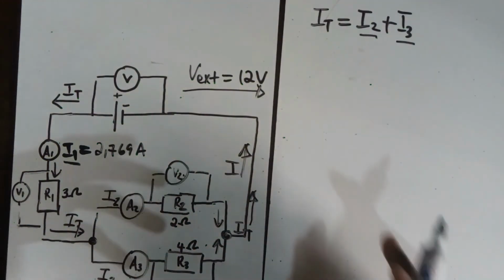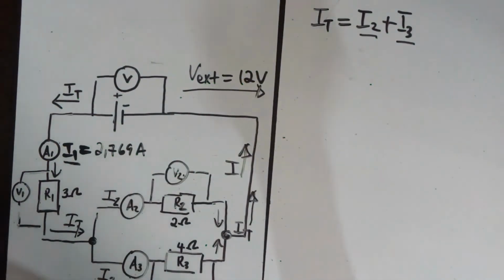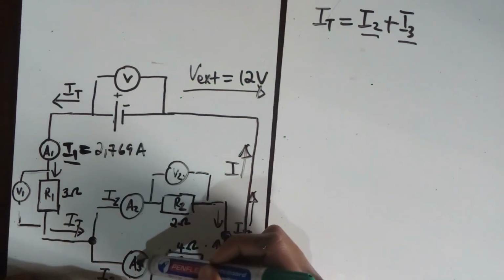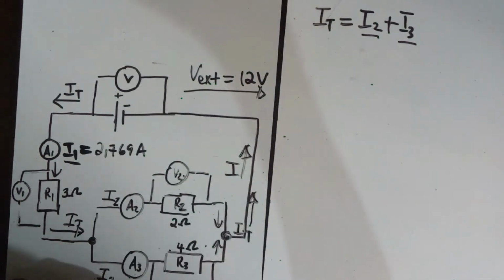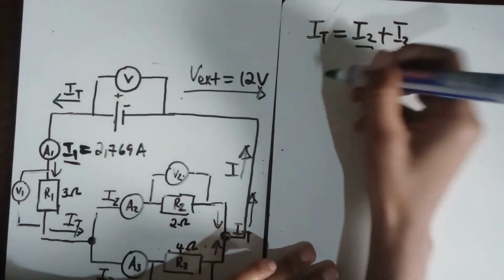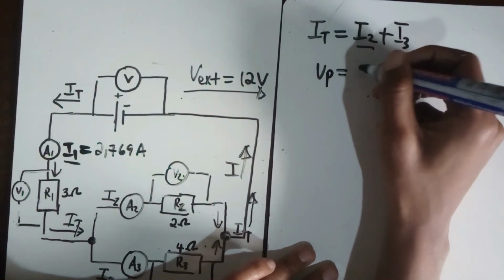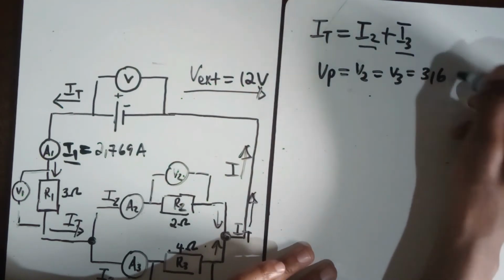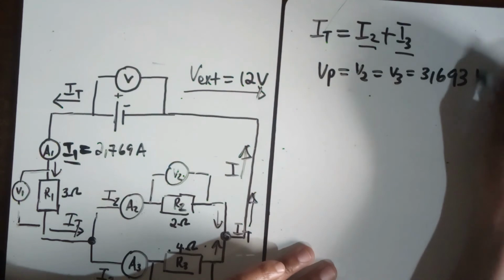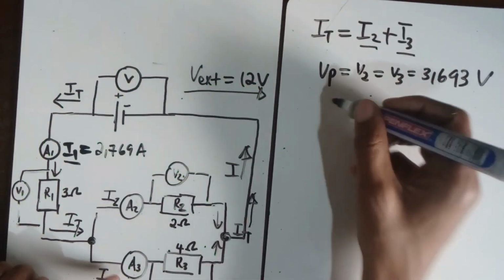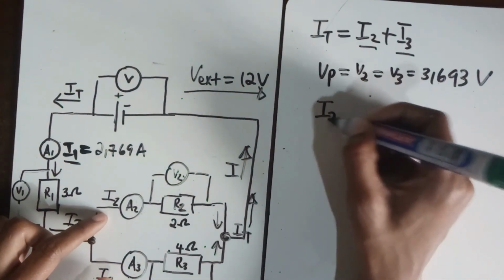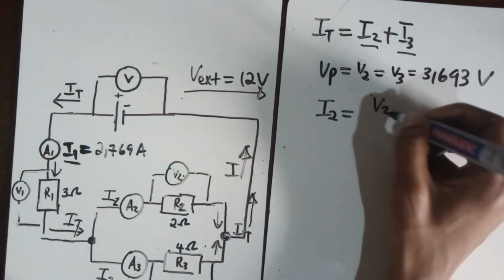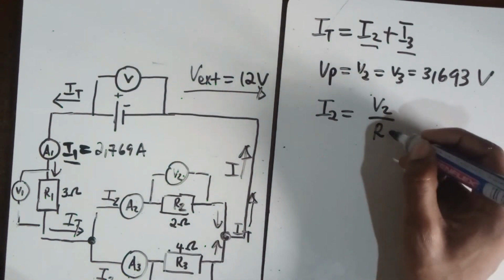So let us do a quick calculation to determine the reading at ammeter A2 as well as at ammeter A3. To do that, we say, okay, we found Vp, which is equal to V2, which is equal to V3, to be 3,693 volts. So if I want I2, which is the reading on this ammeter here, I can simply say it's V2 divided by R2.